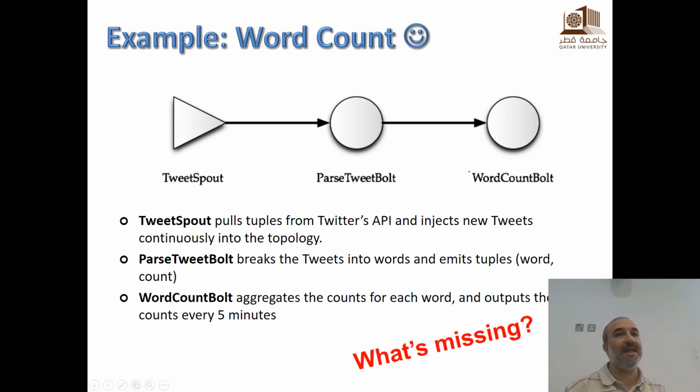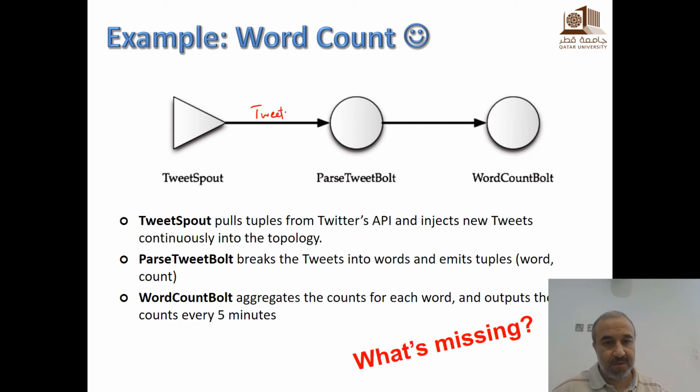What is missing here? Is this board very clear what to do? Is the spout clear? It will listen to the Twitter API and emit each tweet, right? So this is straightforward. How about this one? It will get the tweet.